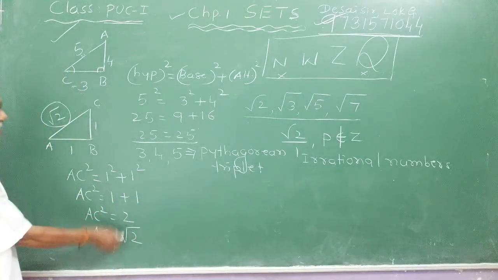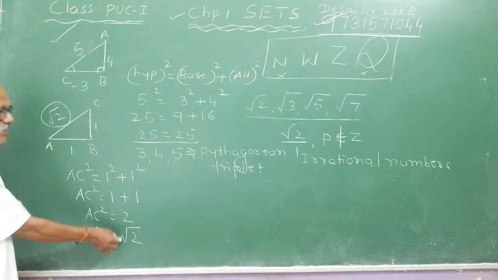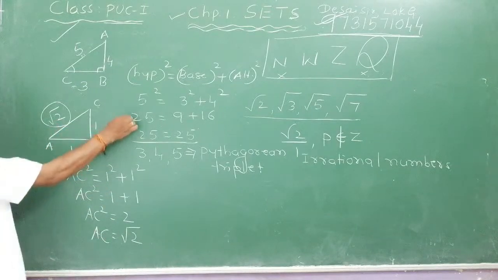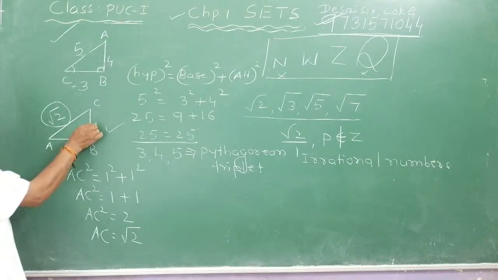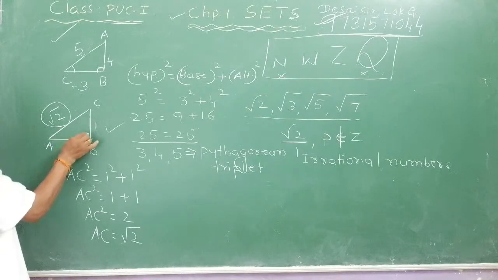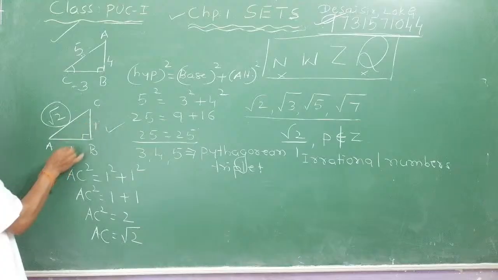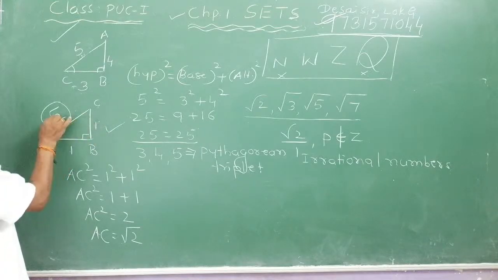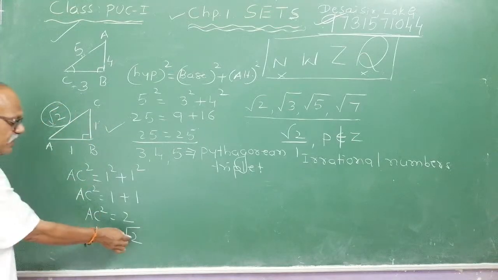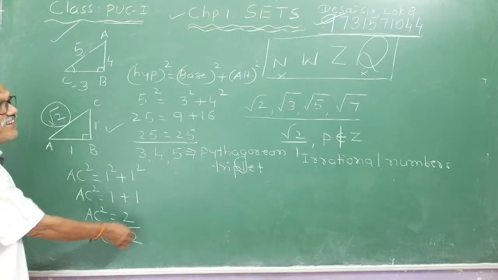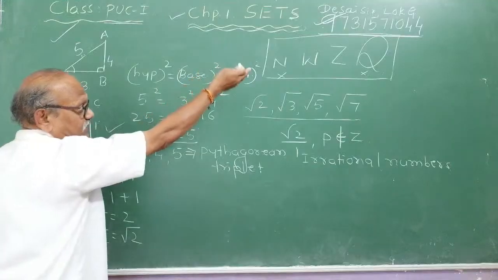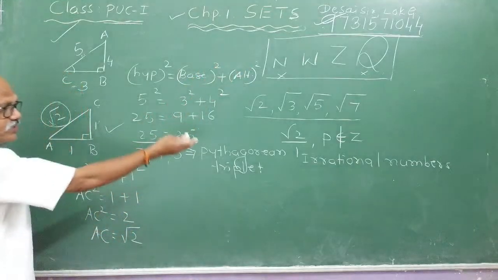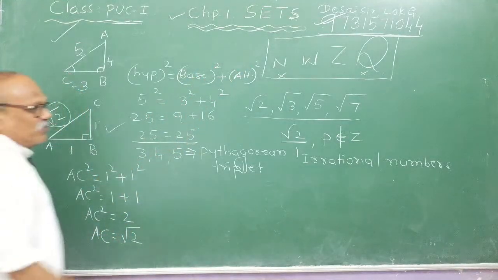Understood the origin behind the irrational number? The origin is that the Pythagorean team was working with an isosceles right angle triangle with each side 1. Then they got a number which is neither a natural number, whole number, integer nor rational number. Therefore, these numbers were called irrational numbers. What are irrational numbers?